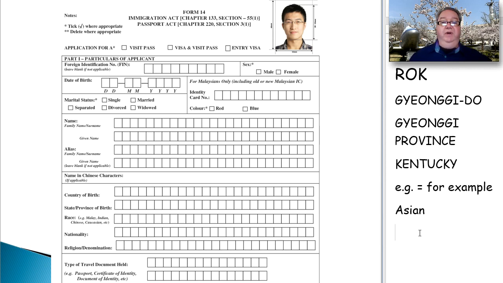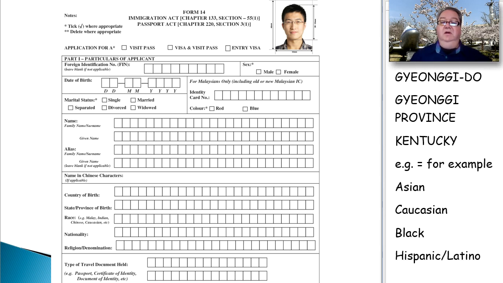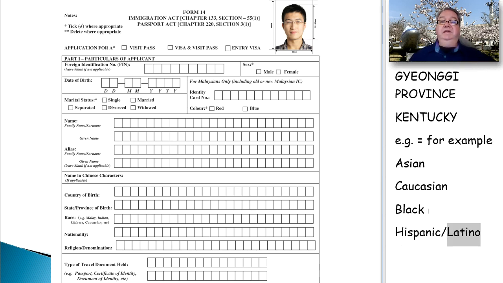In the U.S., when we talk about race, basically you're either Asian or Caucasian, which is white, or black, or Hispanic, or Latino. Hispanic is like Spanish descent. Latino is like Latin America. These would be the most common groups we would use in the U.S. Sometimes they do things like Pacific Islander. Also like Native American.